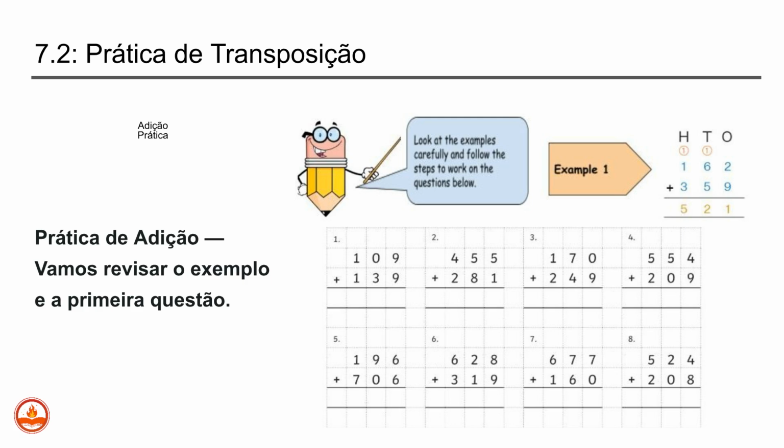Let's now do some practice problems with addition carrying over. We will review the example problem, example 1, and the first question. Feel free to complete the rest of them on your own. Let's start. What is 9 plus 2? 11. You carry down the 1, and then you carry the other one next door.